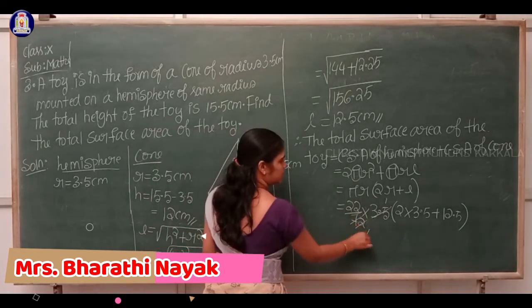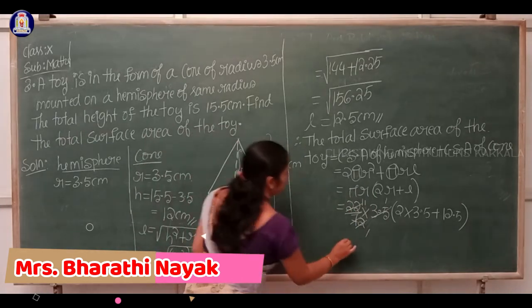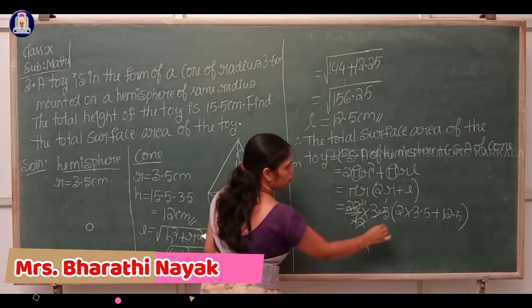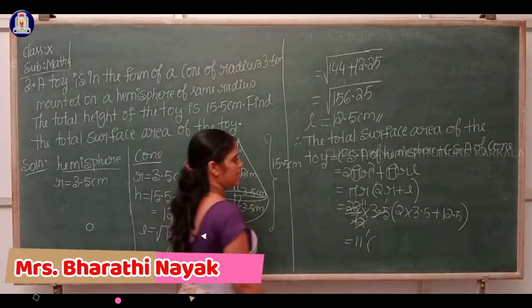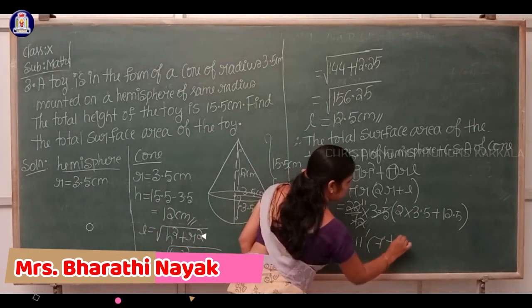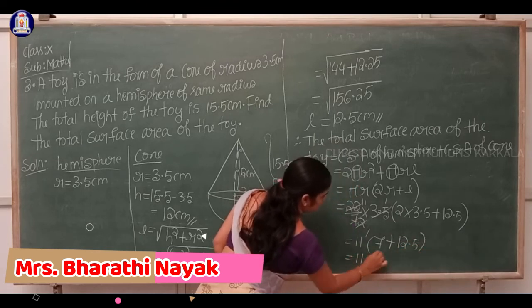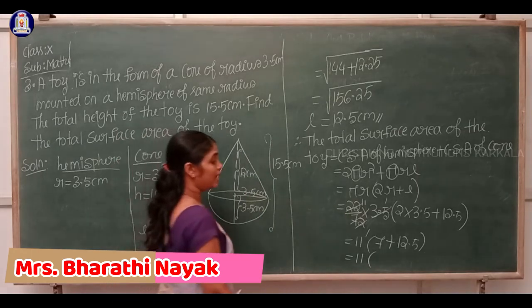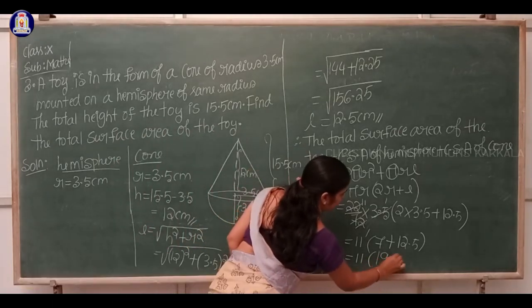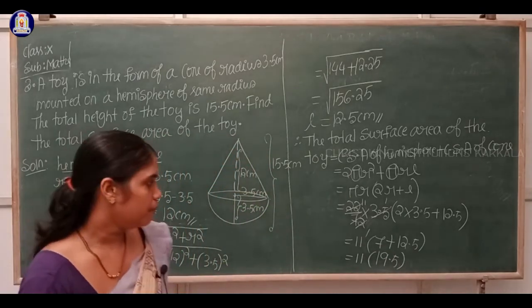Again 2 ones are 2, 11s are 22. Therefore the remaining term is 11 into 2 into 3.5, which is 7 plus 12.5. So 7 plus 12.5 equal to how much? 19.5.